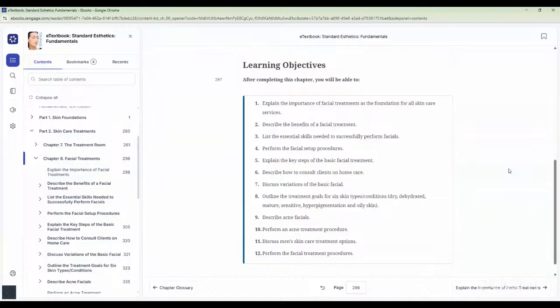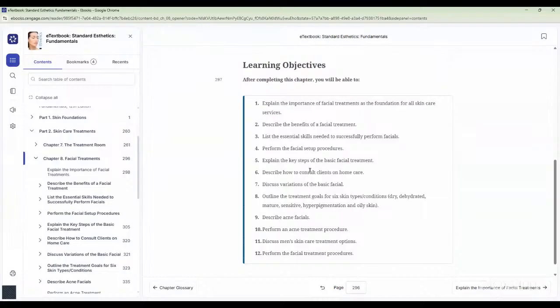Number 5, explain the key steps of the basic facial treatment. This is something that you're going to see over and over again. These are the basic facial treatment steps, and then you're going to add on to them. You start here, and then you'll start to perfect and add different things that are needed for each client.